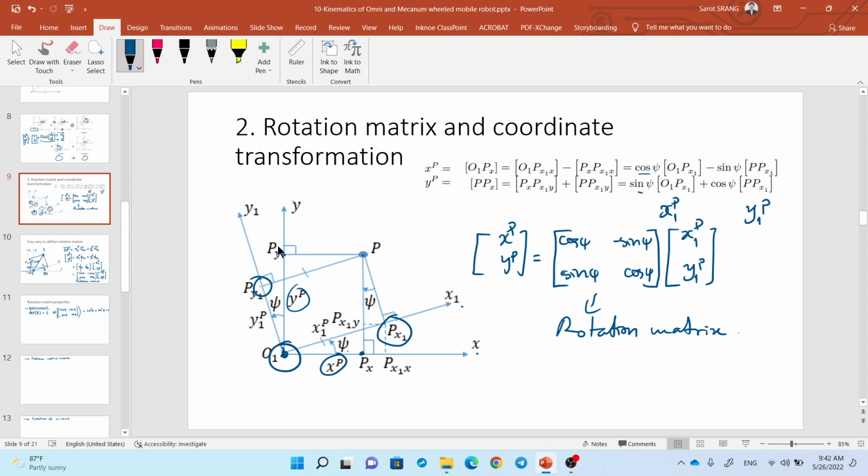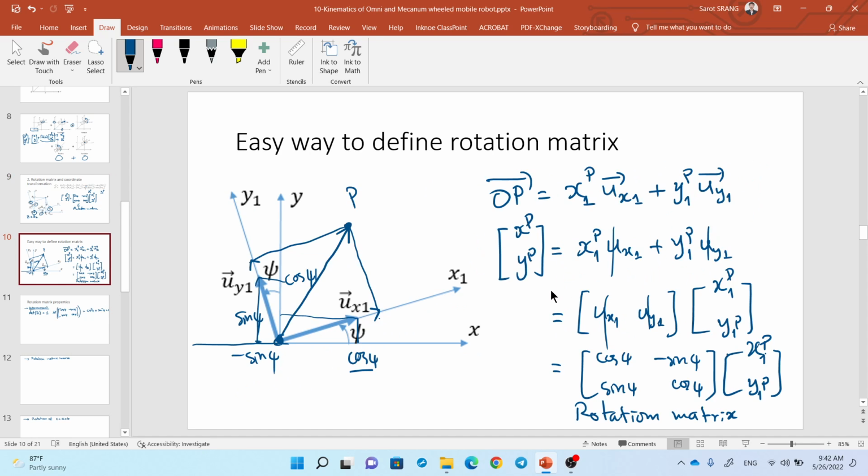And H1 and Z1 are also perpendicular to the screen. So Z just coincides with Z1. And use this method to find the rotation matrix. Actually, for the rotation matrix, you just put all the unit vectors of the body frame like this. Then you get the rotation matrix.